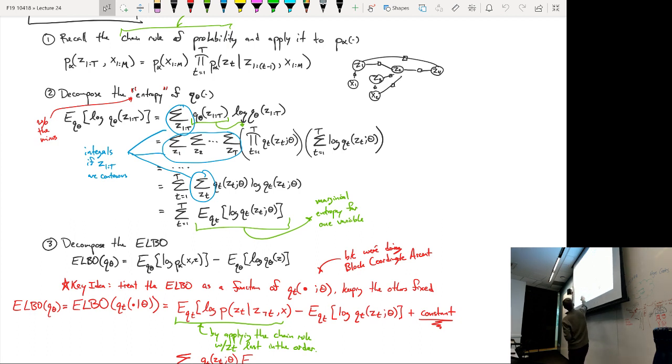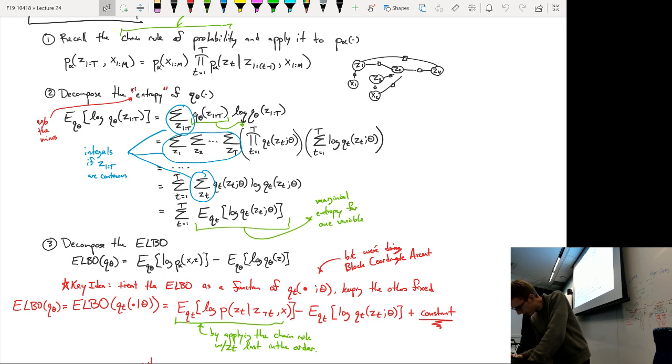And all of the terms from the chain rule that aren't directly a function of zt into this constant as well. So that's all of them except for the last one, which we kept. So maybe we should, just to be really obnoxiously clear here.